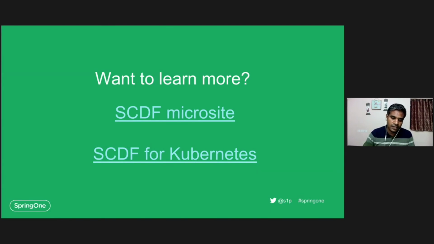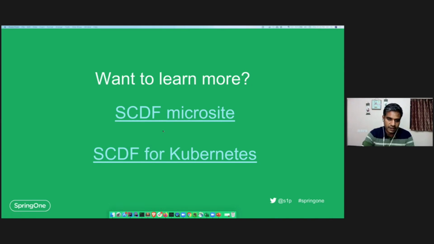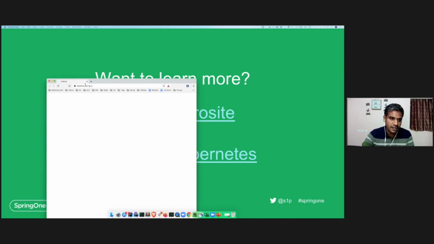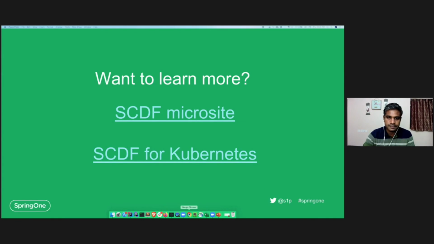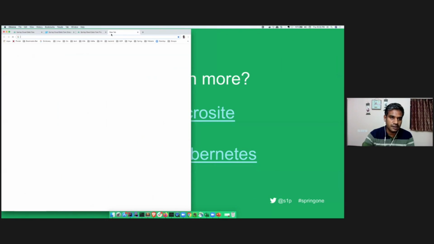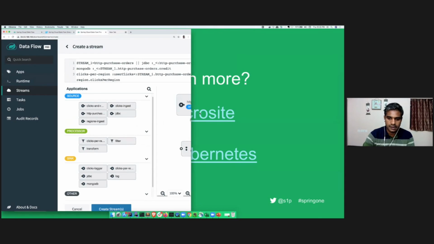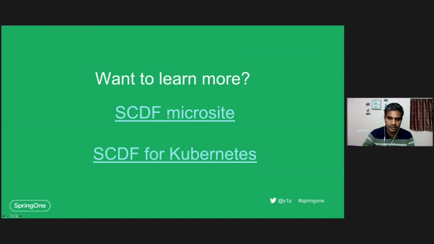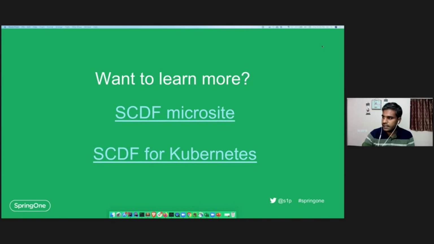If you want to learn more on Spring Cloud Dataflow, we have a dedicated site for Spring Cloud Dataflow, and you can see the contents right from the documentation to, let me open the document here. Apparently it's opening in the other window here.